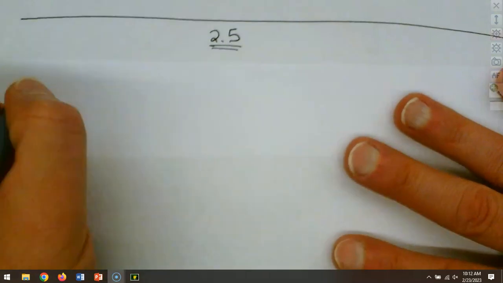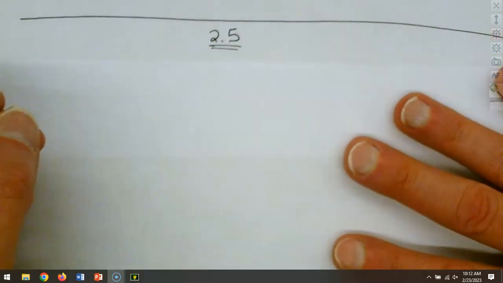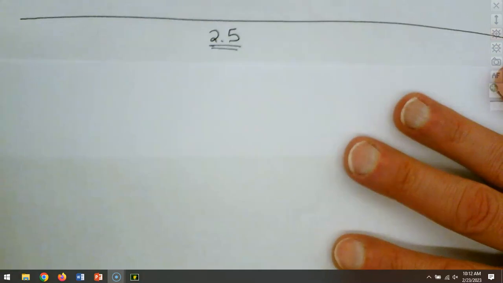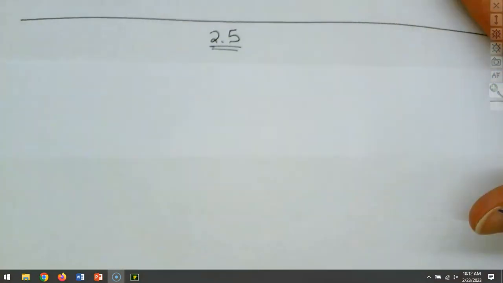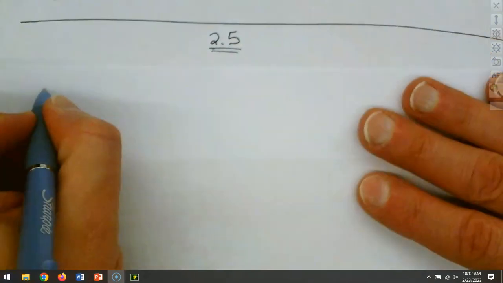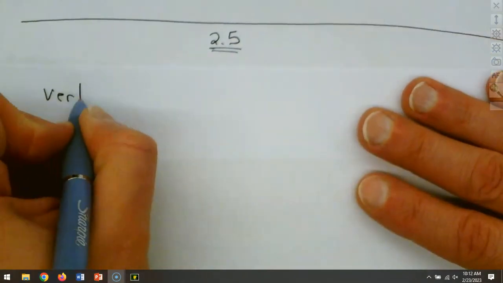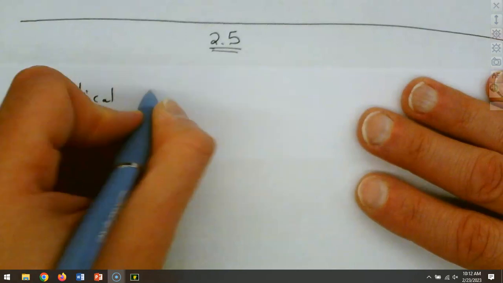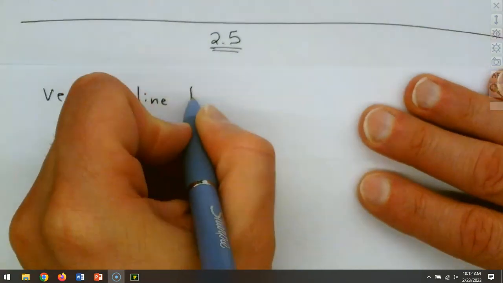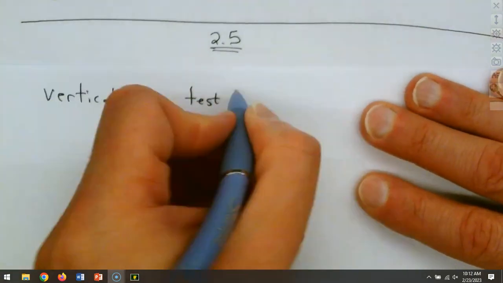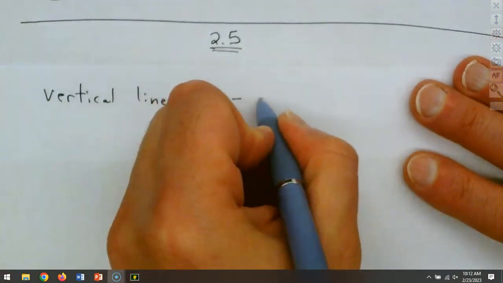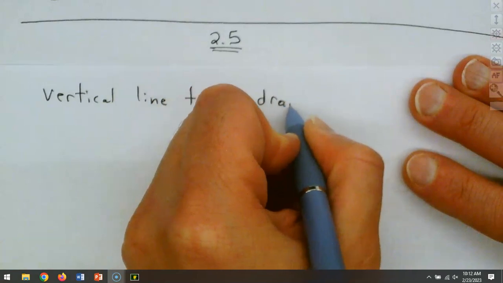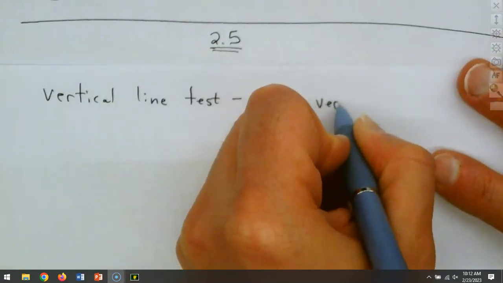When we go to graph things, we have what are called functions and things that are not functions. And how to tell if something's a function is we use what's called the vertical line test. And it's very easy. For the vertical line test, all you have to do is you draw vertical lines.